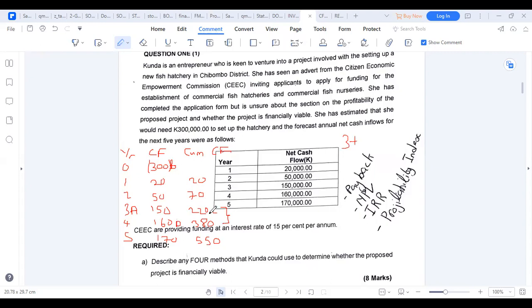The difference between 220 and 300, which is 80, over the actual cash outflow, which is 160. So 80 divided by 160, 0.5. So the payback period is what? 3.5 years. Are we together?